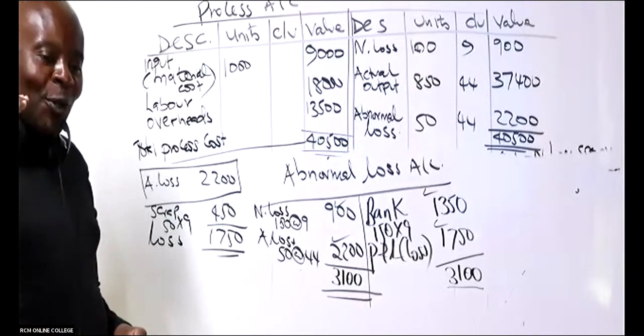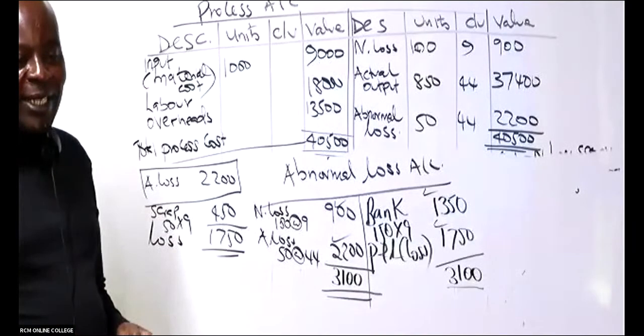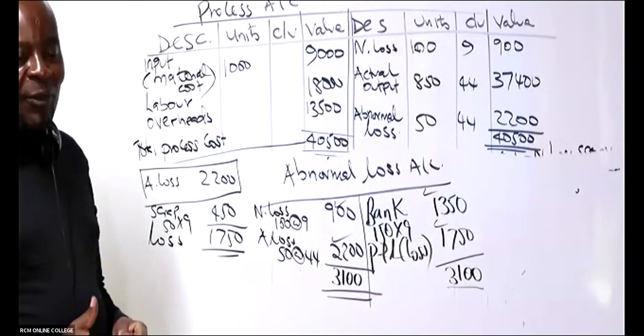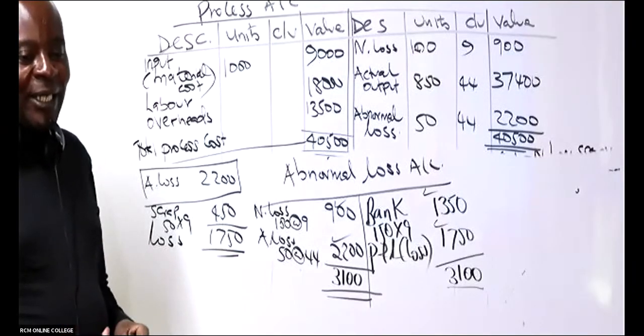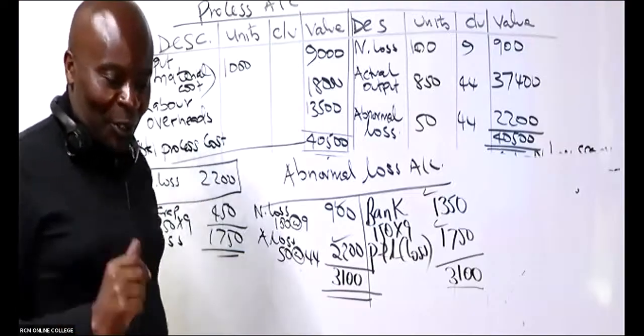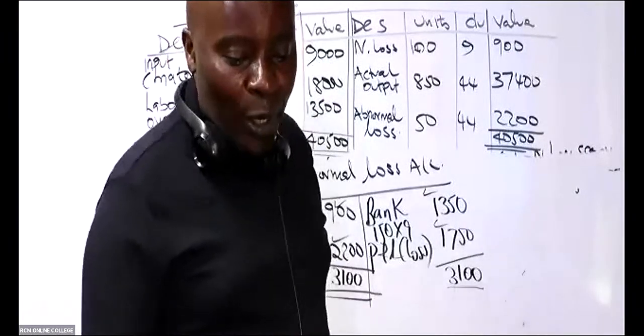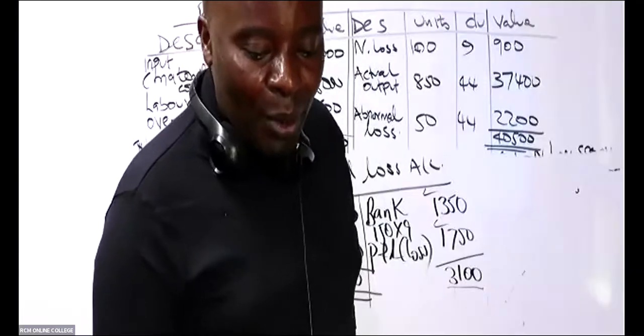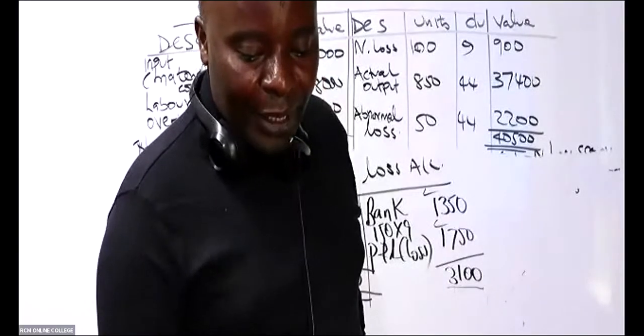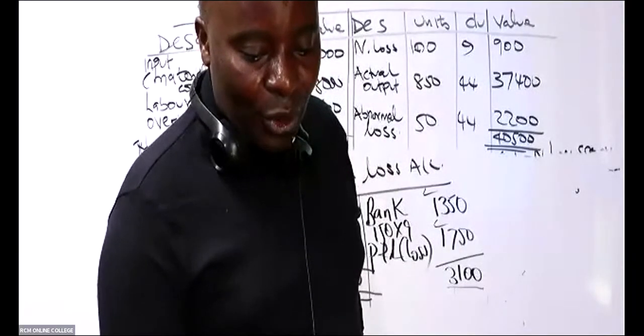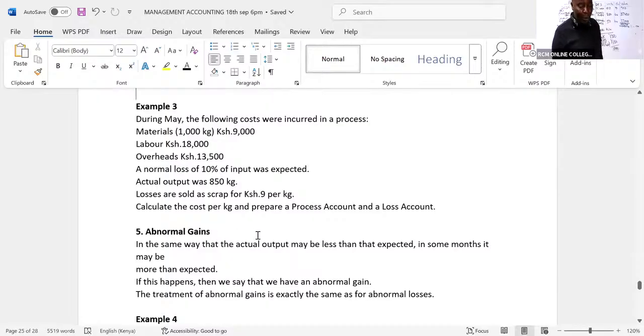Can I move on to something different, my good students? With your permission, I will go to a question that has an abnormal gain. So you can see number 5 here, abnormal gains.